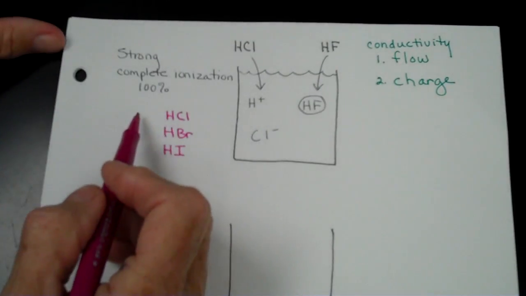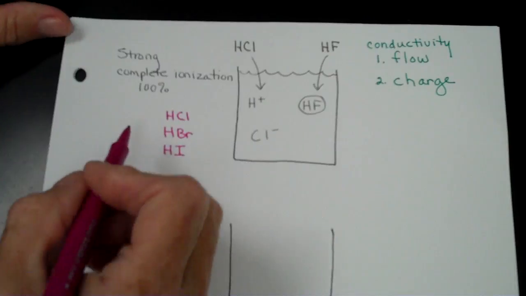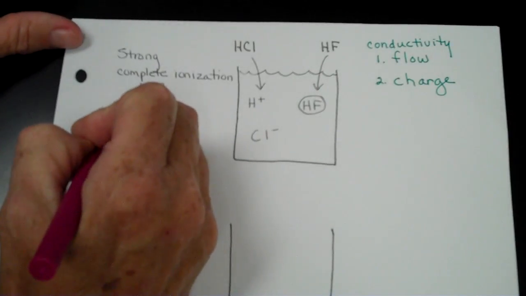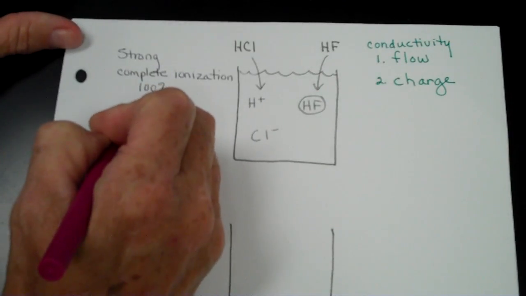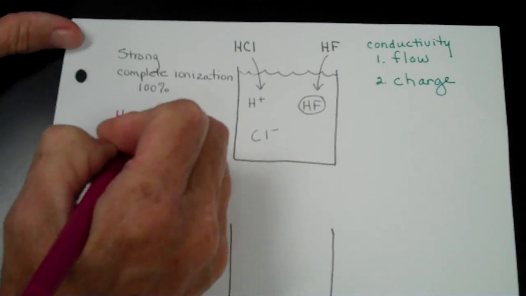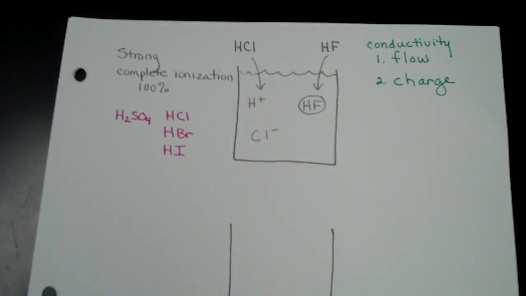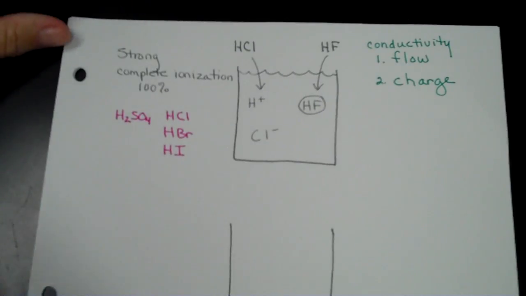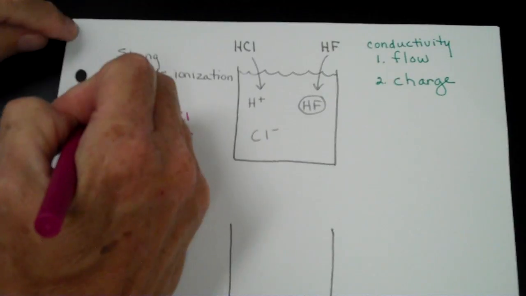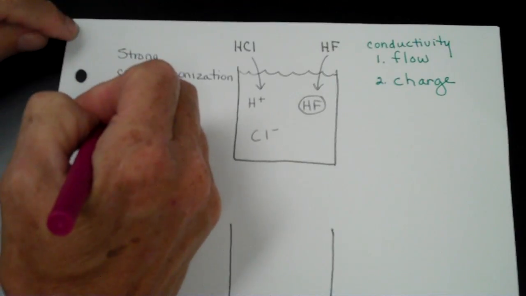If you were moving across from the chlorine, you could see another strong acid, H2SO4. Sulfuric acid is a strong acid. And then the next acid that's commonly used in chemistry classes would be HNO3.